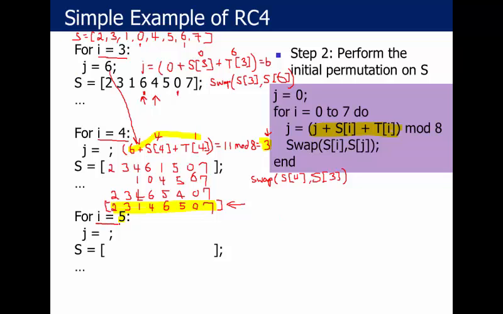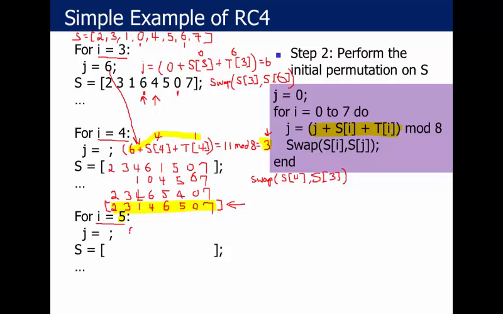Okay, I equals 5. So every time, you need to go back to the algorithm and this procedure, right? For I equals 5, now we need to compute J. To compute J, we need to use the current J. What is the current J? Current J is 3.